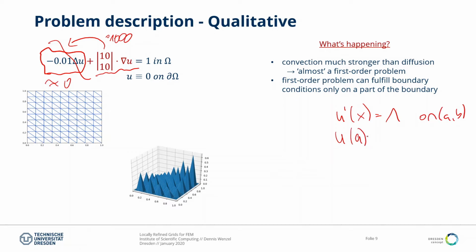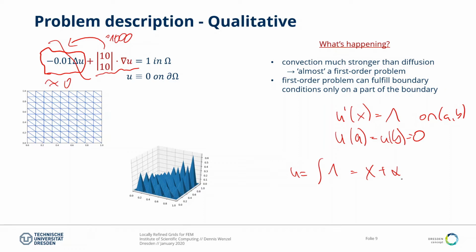So you can't just require u of a equals u of b equals 0. And the reason for this is simple. If you try to solve the equation, then u has to be something like the integral of my right-hand side, so the integral over 1. And the primitive of the constant 1 function is the function x plus some constant alpha.